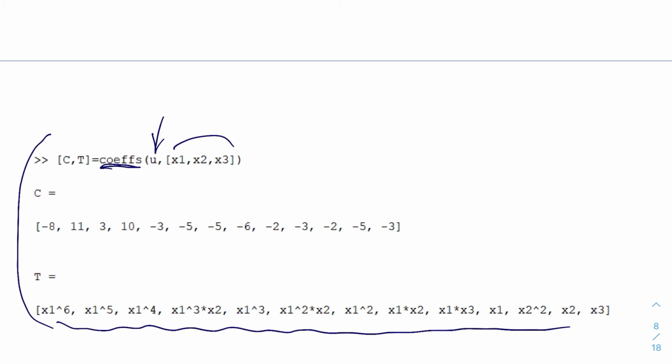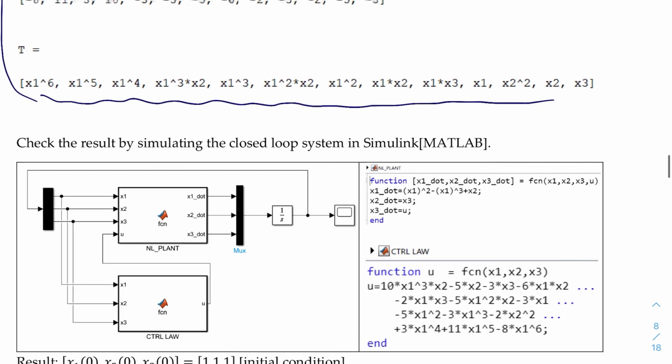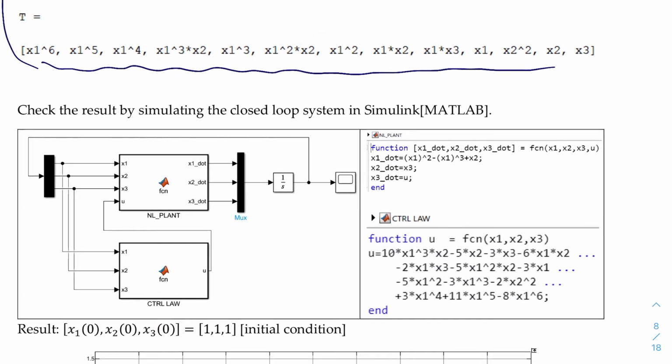Let's look at it: 1, 2, 3, 4, 5, 6, 7, 8, 9, 10, 11, 12, 13. Like 13 expressions. Wow, it's incredible. So you have your control law.